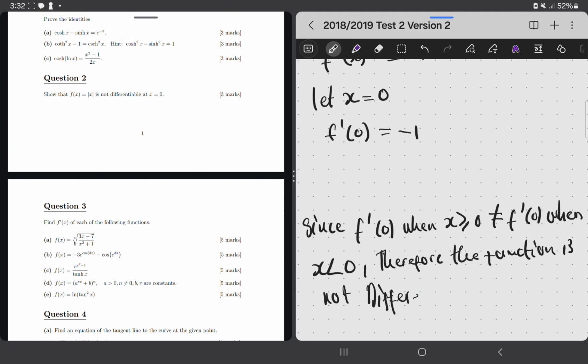You can go and check the video on differentiability, the summary, if you have forgotten this. This is going to be the final solution, and we are done.